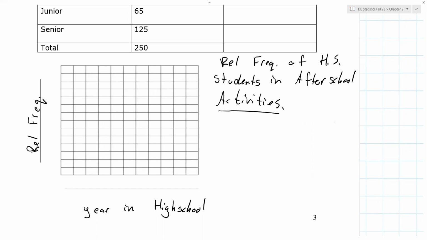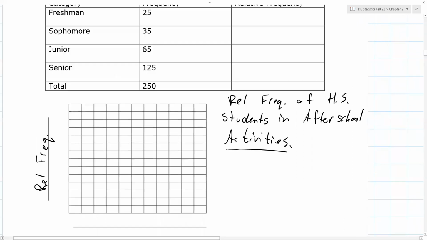And then we're going to come in here and I need a total of 4 because I have 4 different categories. So I'm going to make each category 2 letters. So I'm going to have freshman, sophomore, junior, I'm going to have SE and SO.